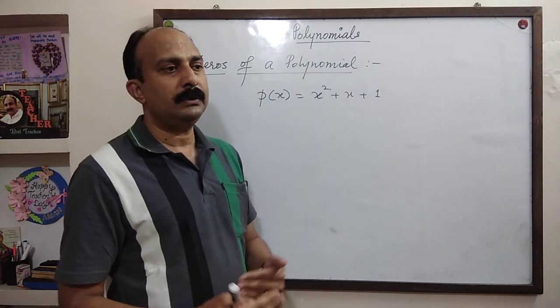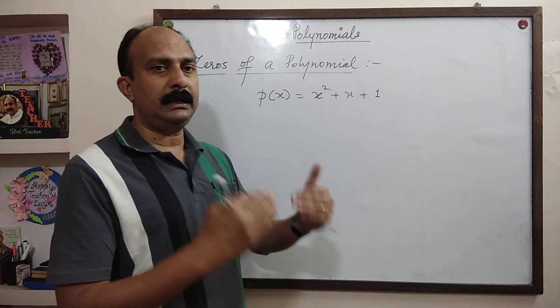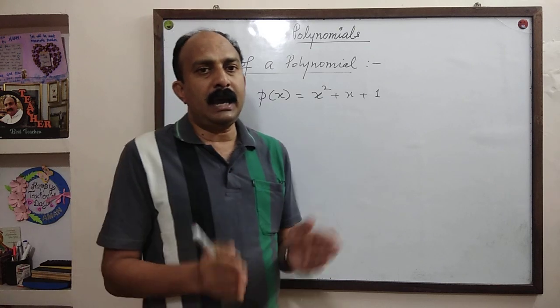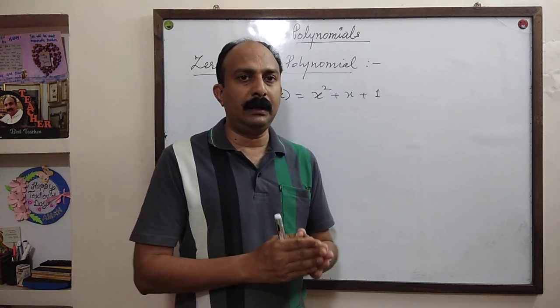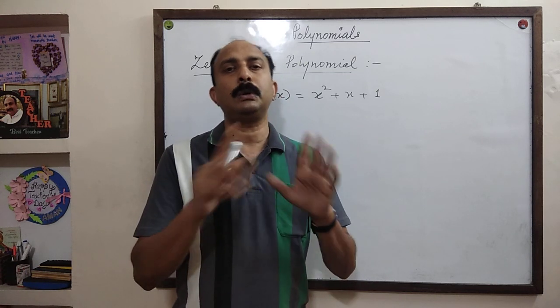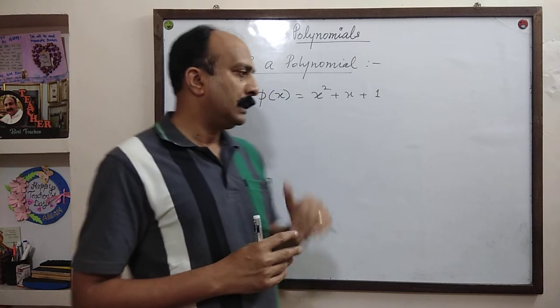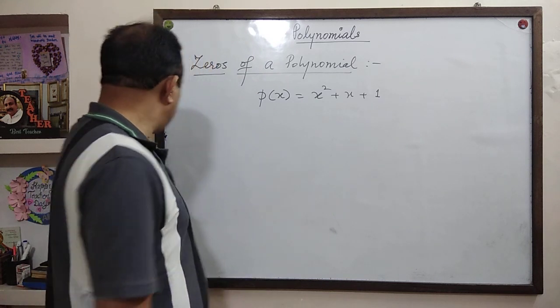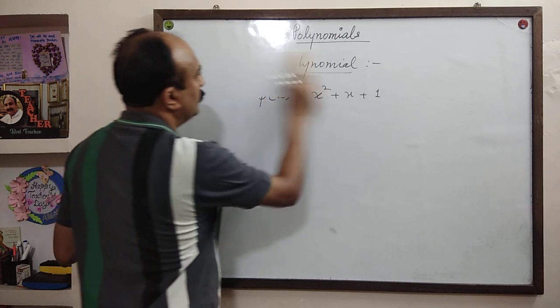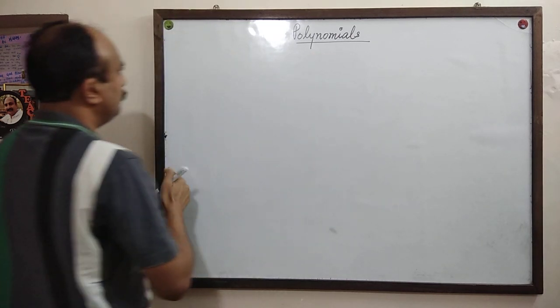So we are going to discuss all these things in detail in this topic. So zero of a polynomial means that particular value of the variable for which the entire polynomial value becomes 0. Okay. Now I am going to do exercise 2.2 to know more about this topic.